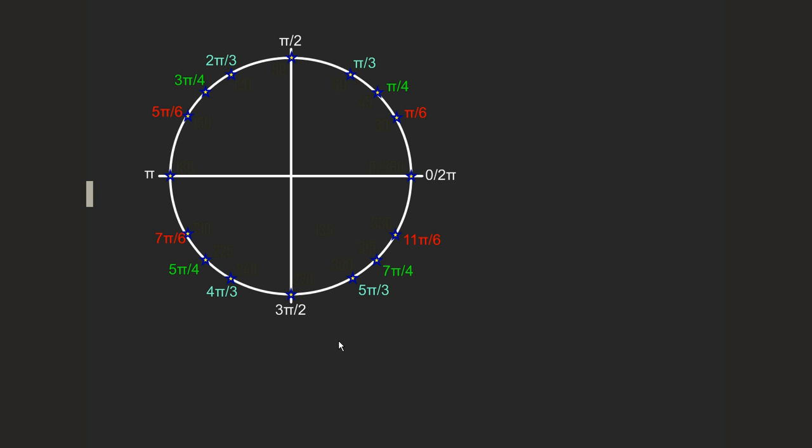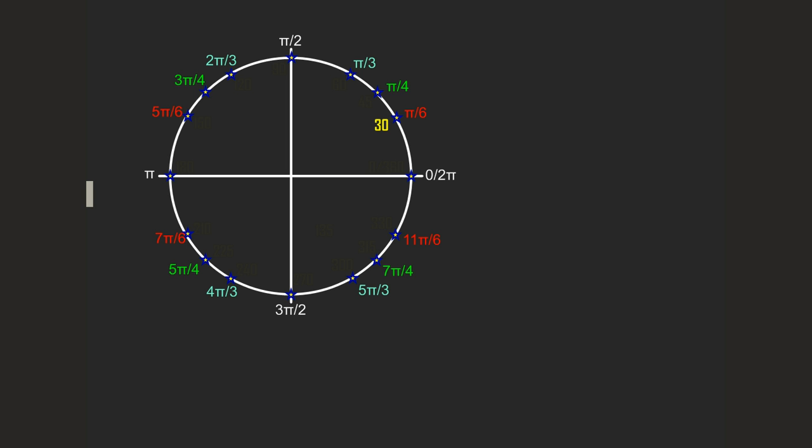These are the values that you want to become familiar with and be able to evaluate cosine, sine, and tangent values of these angles. So when we say, for example, 30 degrees, you need to know that that's pi over 6. If we say 3 pi over 4, that's the same as 135 degrees.